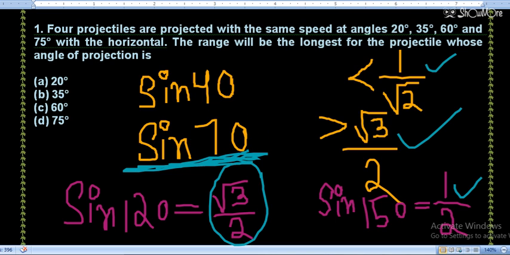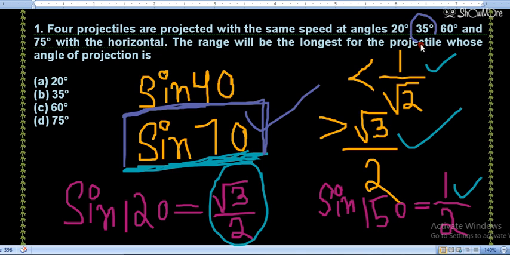So for this particular case, for sine 70 degree, the range is maximum.